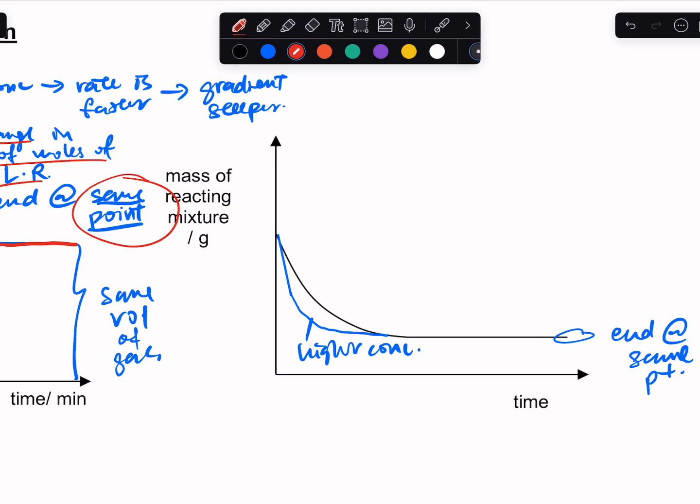If I were to reduce the concentration, I start again at the same point, but gentler. Okay, like so. Lower concentration.